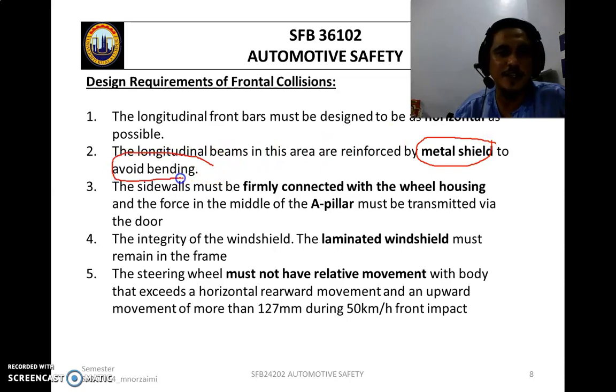We have learned about HPF before. HPF is used in this area to ensure the vehicle is not bent or damaged due to the frontal accident.